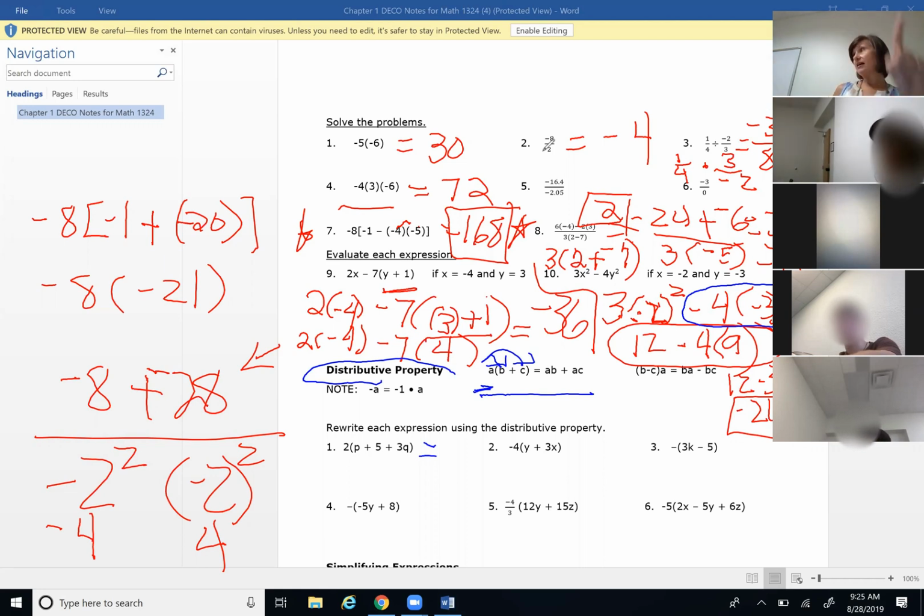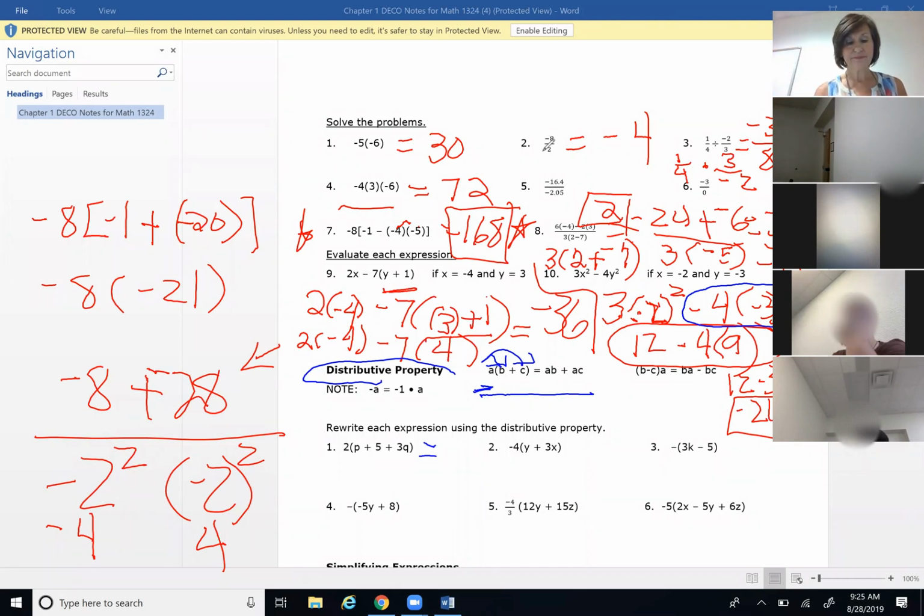Whatever's outside the parentheses, if there's not a plus sign or a minus sign between it and the parentheses, that means it's got to multiply times everything in the parentheses. So let's multiply everything in this parentheses times 2.